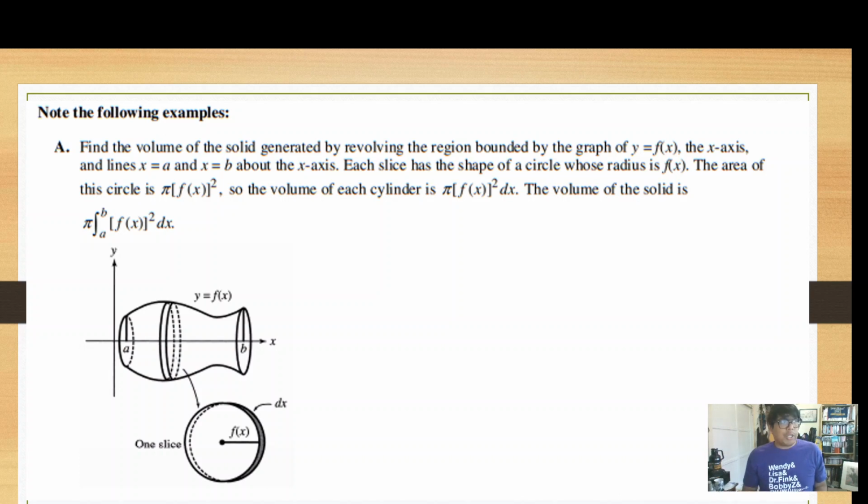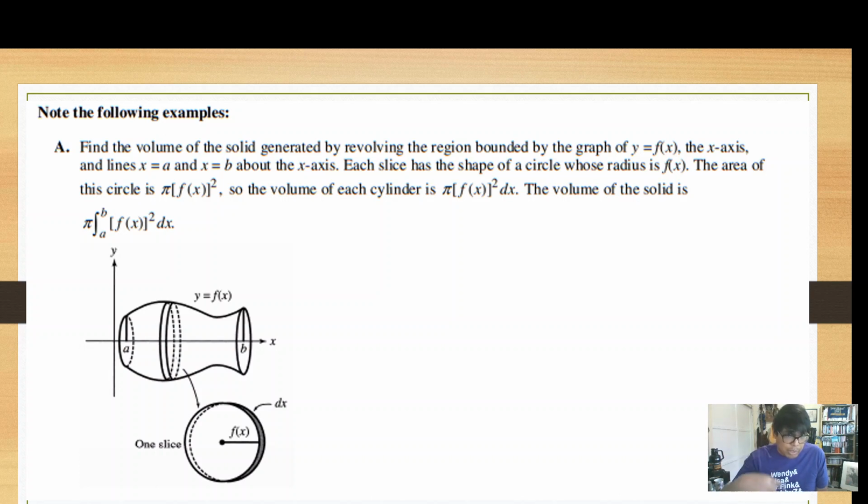Find the volume of the region generated by revolving the graph of y equals f of x, the x-axis, and the lines x equals a and x equals b about the x-axis. Each slice has the shape of a circle whose radius is f of x. Just as a note, whenever you're revolving around an axis, your cross-section is guaranteed to be a circle.